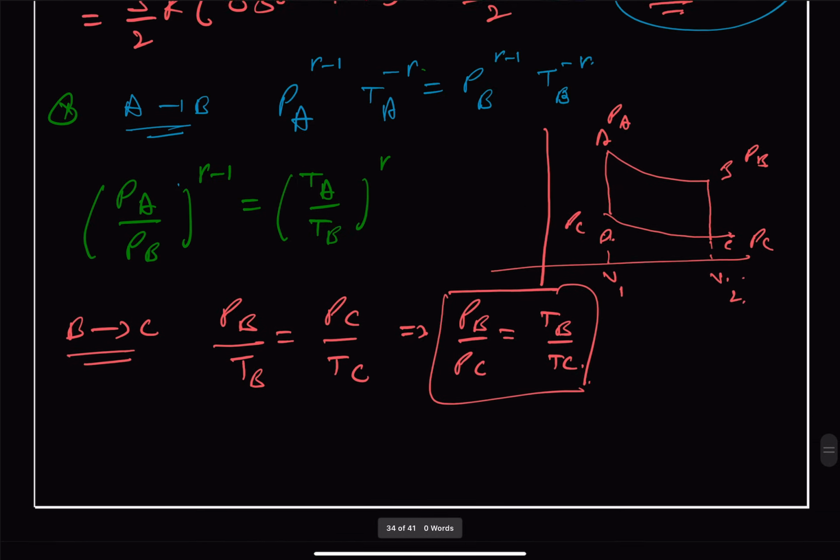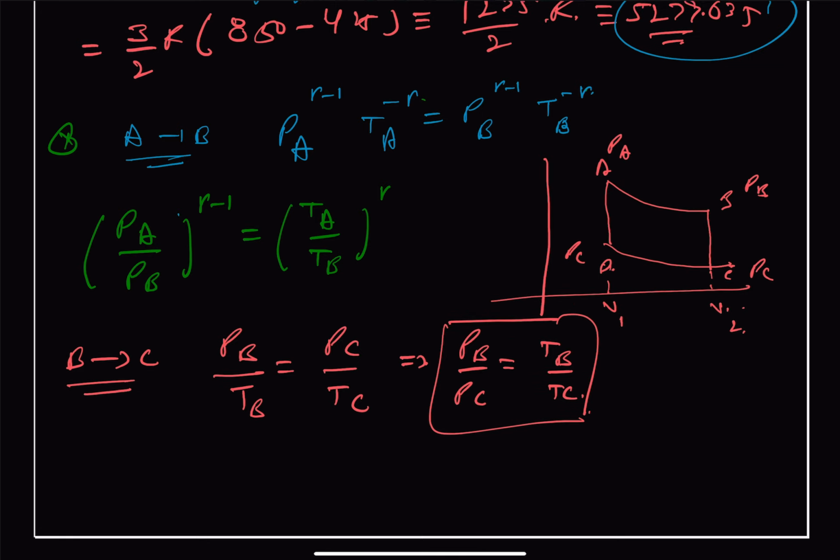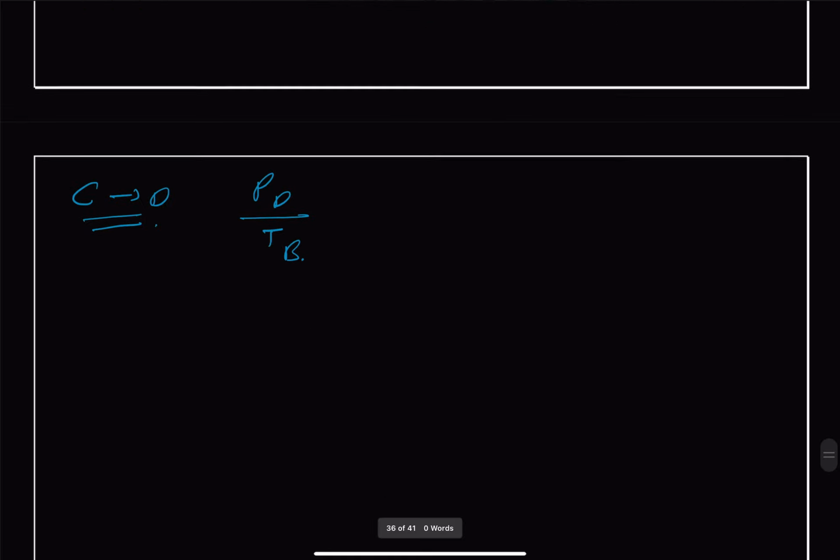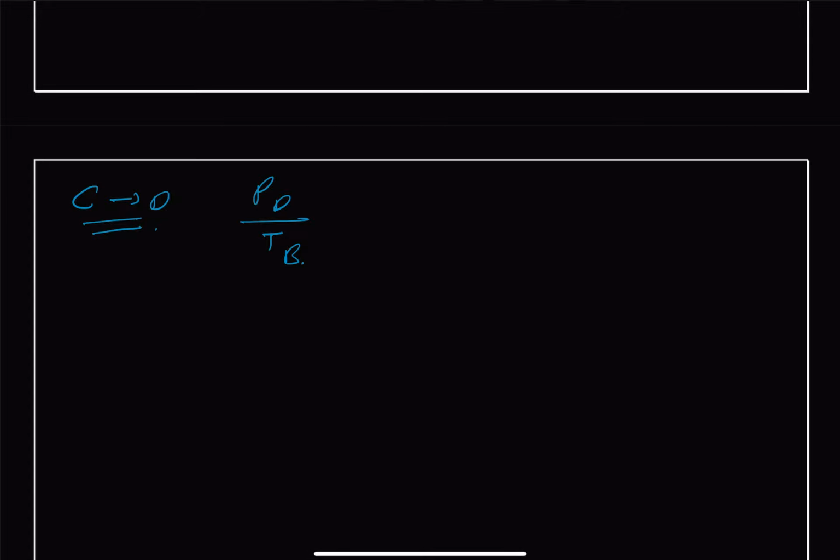Therefore PD upon PC whole raised power gamma minus 1 is equal to TD upon TC whole raised power gamma.